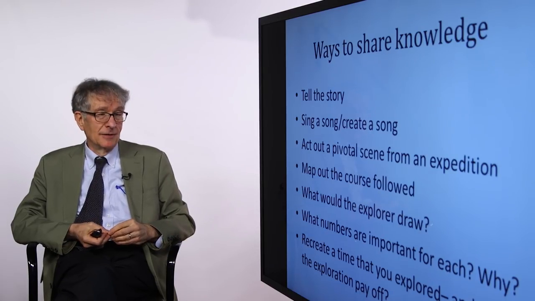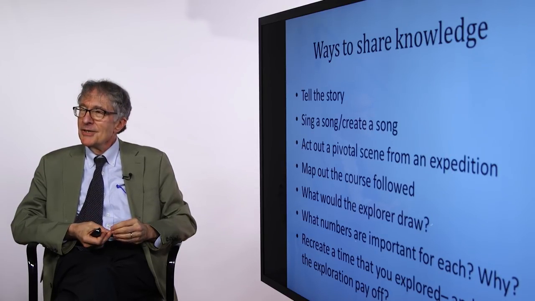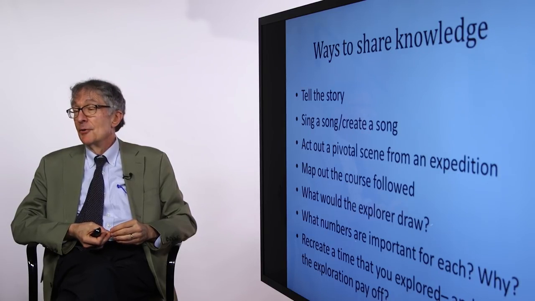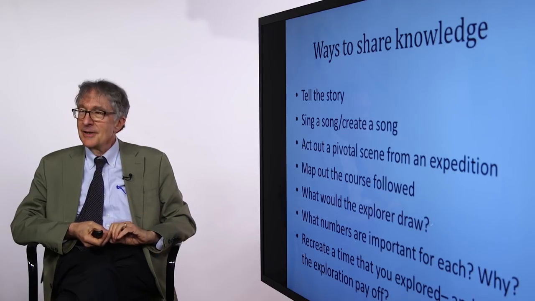What would he or she have done? I guess they were mostly men. What numbers are important to each? That's very interesting. Could be the year, could be how old they were, could be how many soldiers they had. For Christopher Columbus, one answer is 3. Do you know why the 3? Because there were 3 ships.